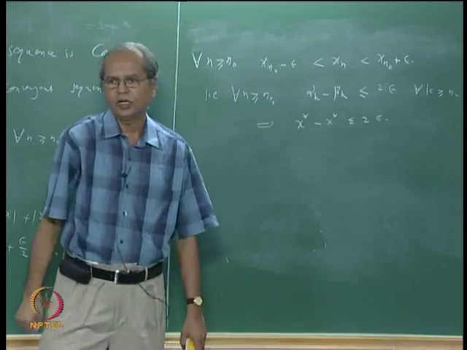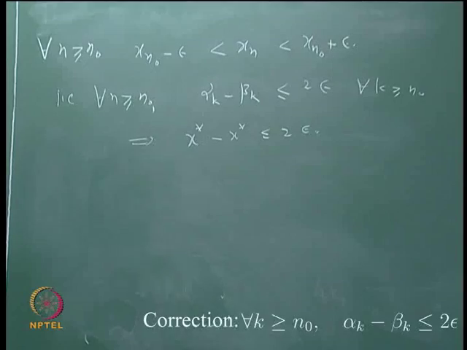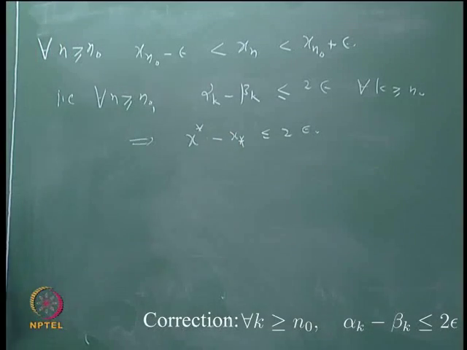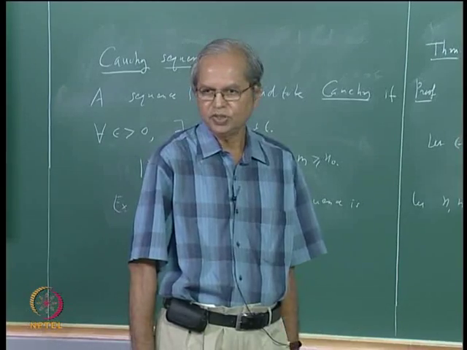And again now the usual argument: since epsilon was arbitrary, this shows that limit superior and limit inferior coincide, and we have already shown that when that happens the sequence must be convergent.